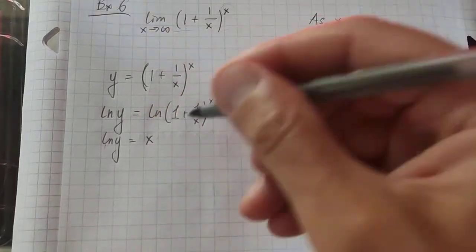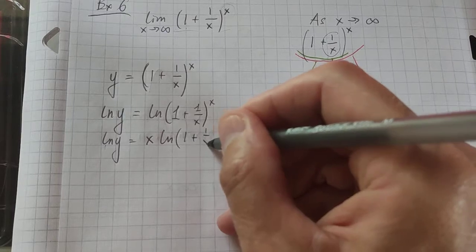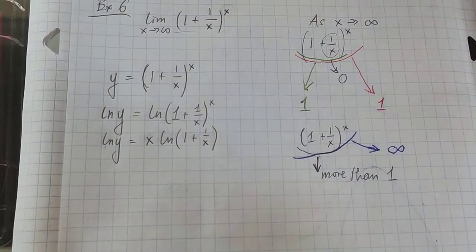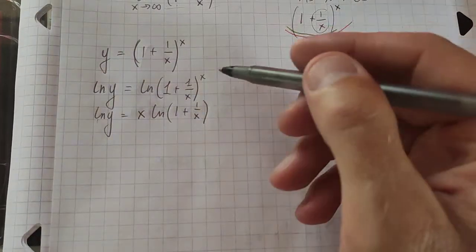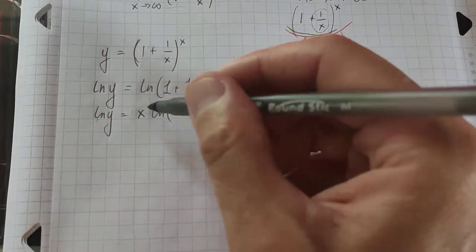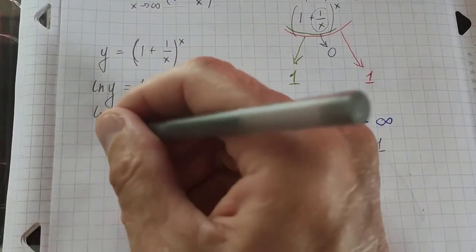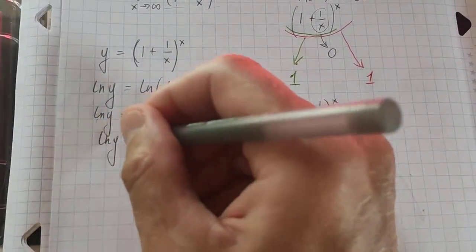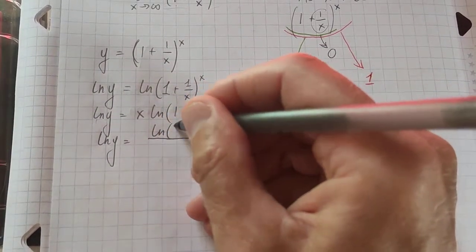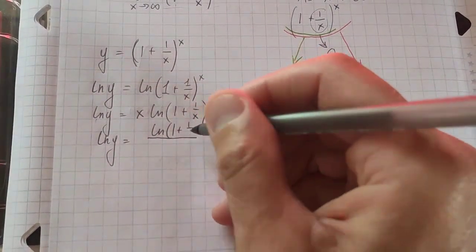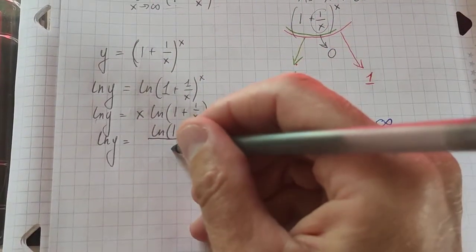Now that x is here, 1 plus 1 over x. Okay, so next step, multiplying by x is the same as dividing by 1 over x. So I have my natural log of 1 plus 1 over x divided by 1 over x.